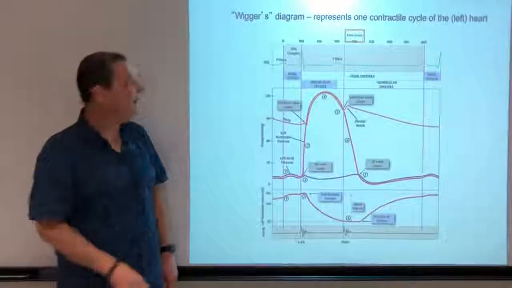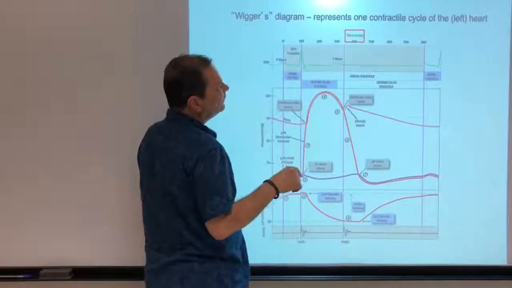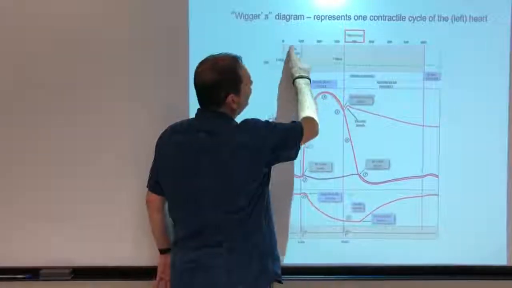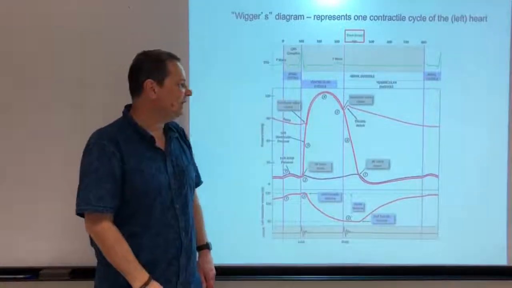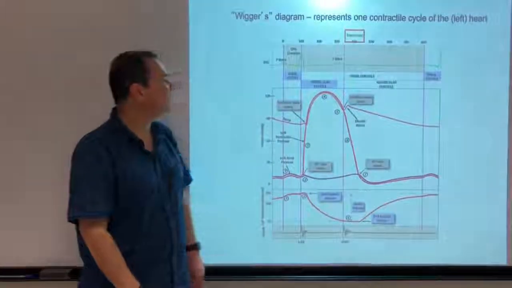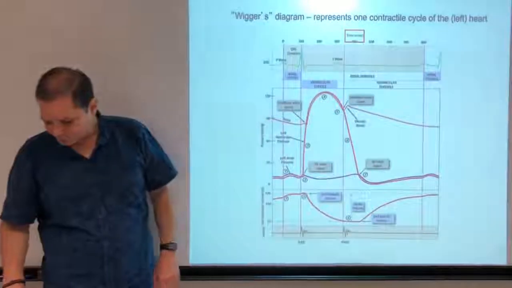First of all, notice time goes from right to left here, and a typical cardiac cycle is somewhat less than 1 second. If the heart rate is 70, it is less than a second; if it's 60, it will be exactly 1 second. So this is in milliseconds here, all right?